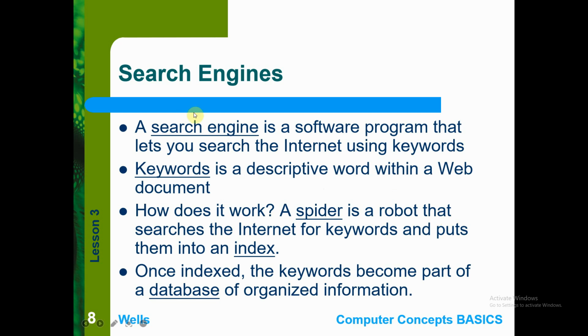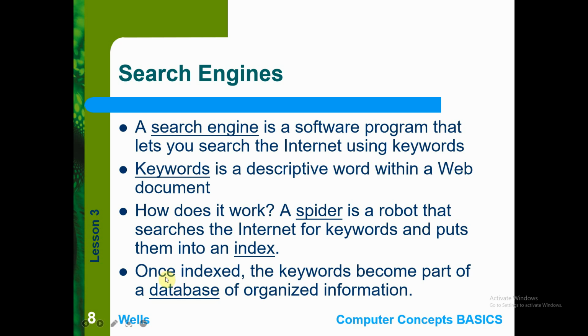So balik naman sa search engine, it is a software program that lets you search the internet using keywords. And again, the keyword is defined as a descriptive word within a web document. So ang hambal ko kanina, ang spider. The spider is a robot that searches the internet for keywords, the type of keywords, and puts them into an index.